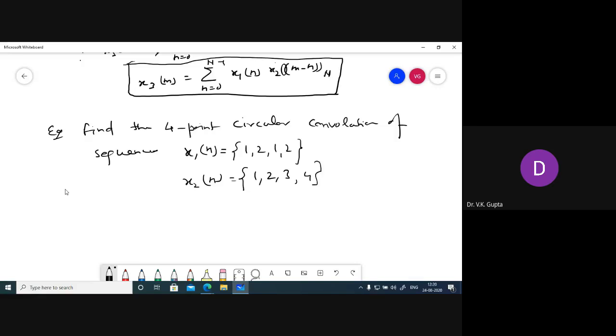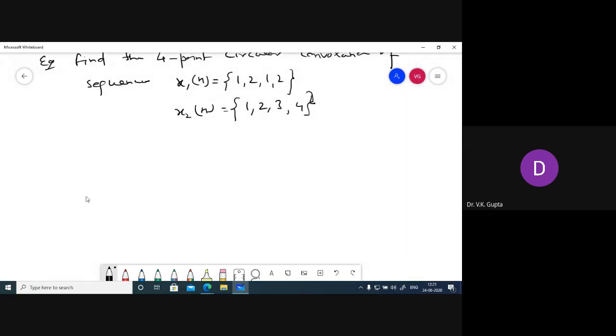We have two sequences, and we have to find their circular convolution. Let the 4-point circular convolution be x3(n).